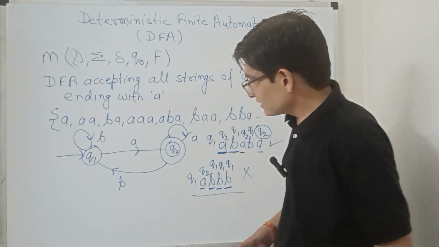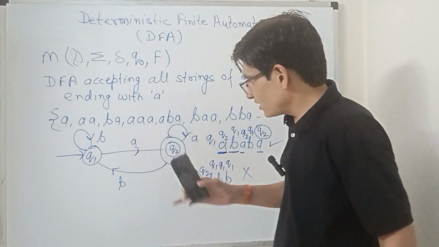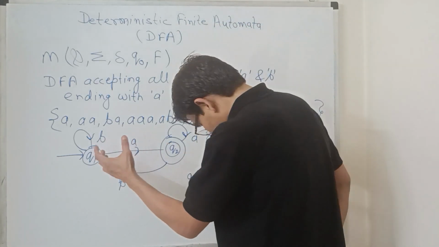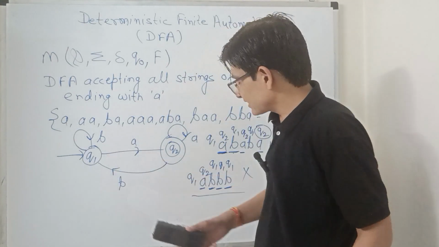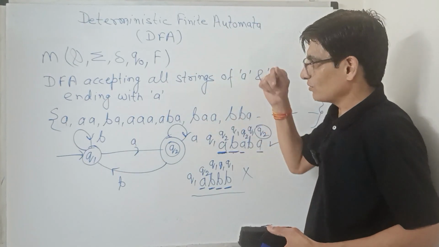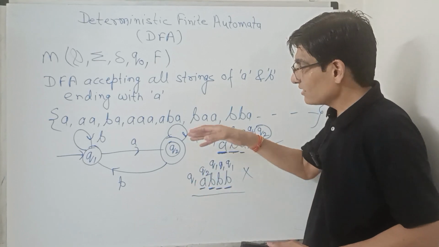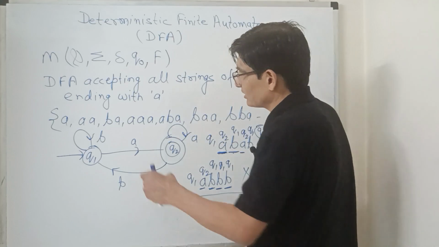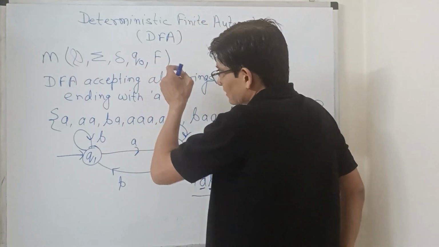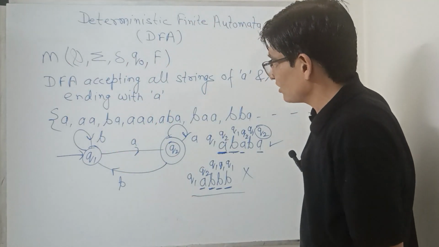Now, my dear friends, this is the graphical representation of this machine. The same machine I will represent in set form. We have discussed five different components of this machine, or five tuples.